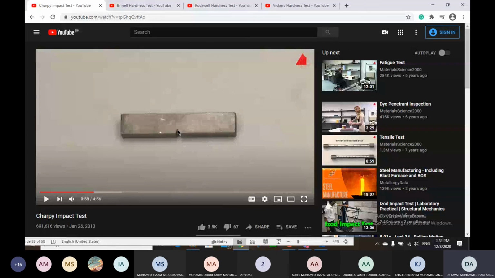That is the cross-section that we will be using, the minimum cross-section. So it will be this dimension times the dimension at the back there, which will be the area, because you have a groove here. So it is the minimum dimension that you are having. This is how we report the values of toughness.